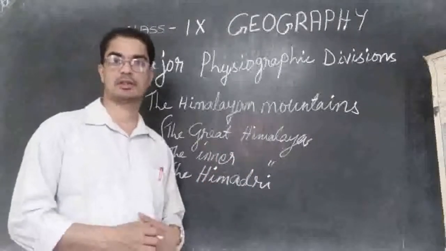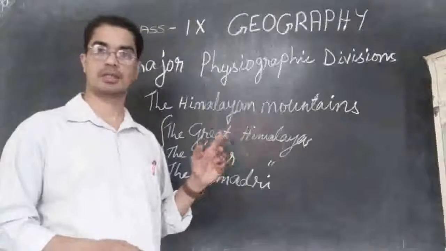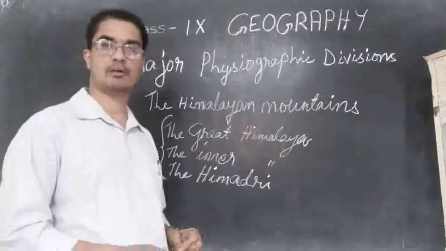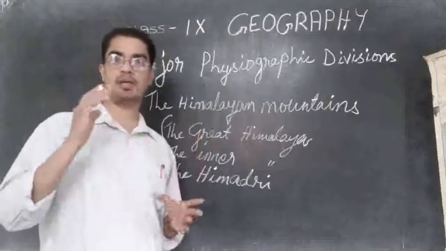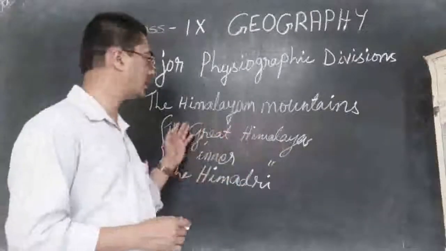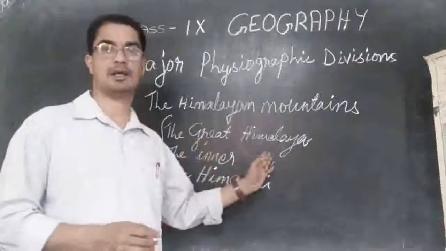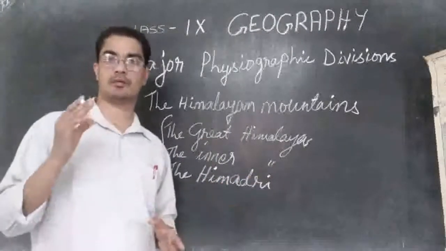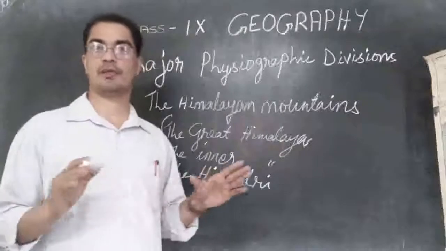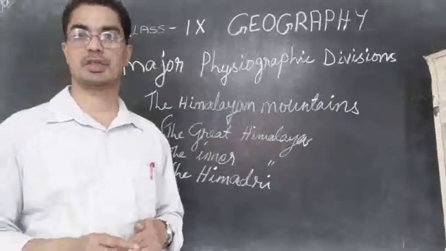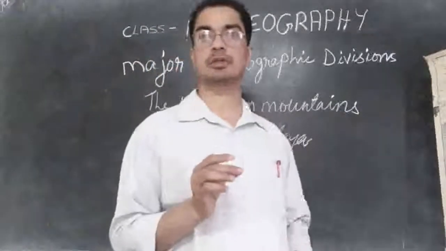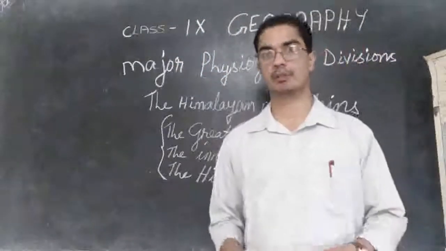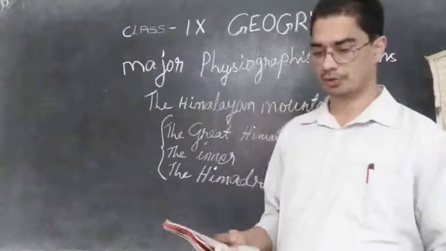These are the three names used for the same range, that is the topmost range. Most of the high peaks you will find in this Great Himalaya, and most of them are very high, very tall, and the average height we can say is 6,000 meters. That is the average height of this northernmost range.